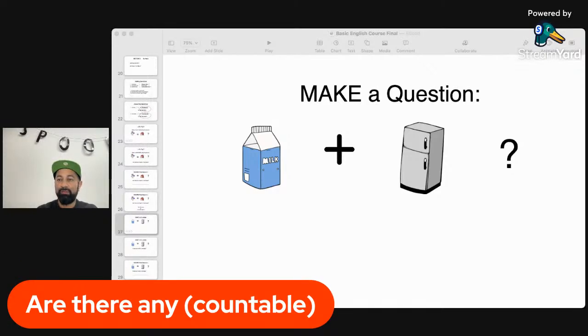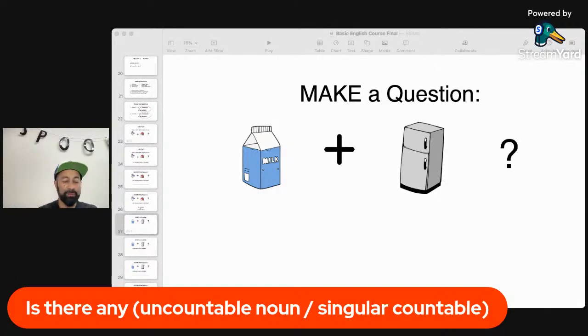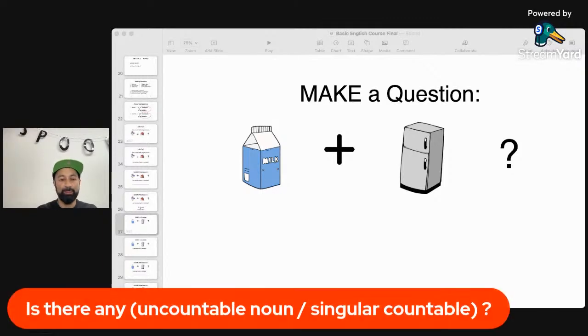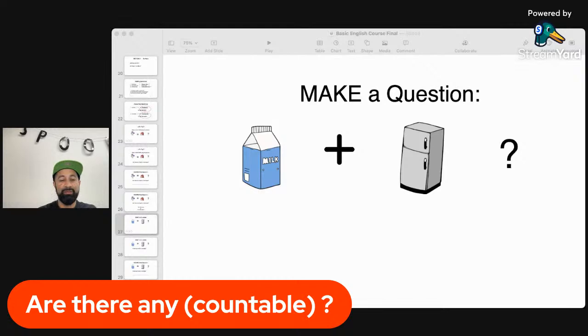If it is countable, then you're going to be making an are there question. If it's uncountable, you're going to be making an is there question. When you figure out if it's countable or uncountable, if it's uncountable or singular countable, we use is there. If it's countable and it's plural, we're going to use are there.